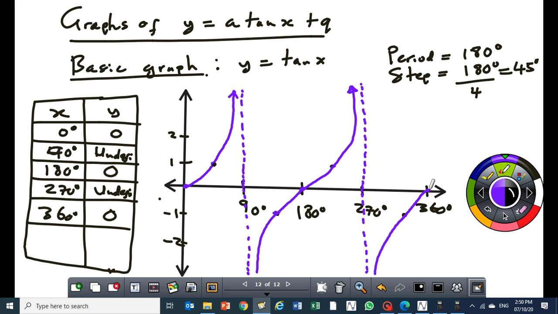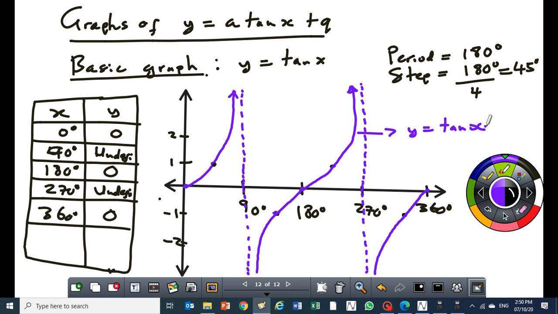Like that. This curve plus that half, they make one complete curve. Okay? Listen. So this is the basic graph of y equal to tan x. That's the basic graph. That's how it looks.